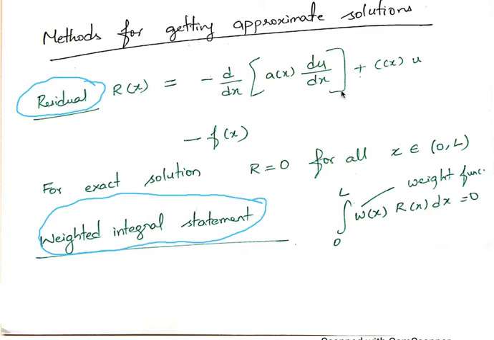So we will use integration by parts to ensure that the highest order derivative becomes half of whatever it was originally. Originally if it is 2, then in the weak form we will end up with a highest order derivative of 1. If the highest order derivative was 4, then in the weak form we ensure that the highest order derivative is 2.